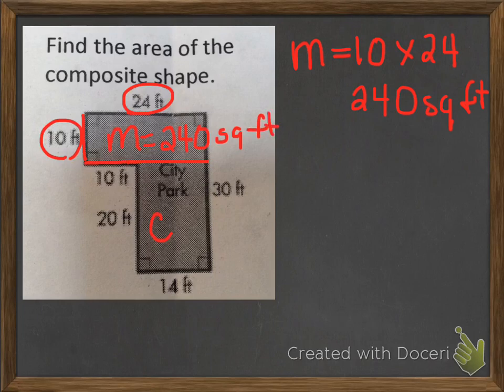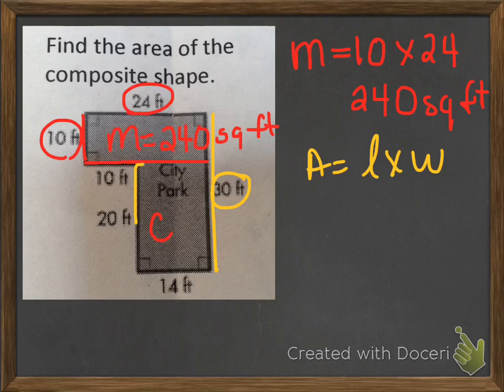Now the next one, shape C. I'm still going to use the formula for area, which equals length times width. But if you notice, I can't use this side because 30 feet includes all of this. But they've already given us that information from here to here. It is 20 feet.